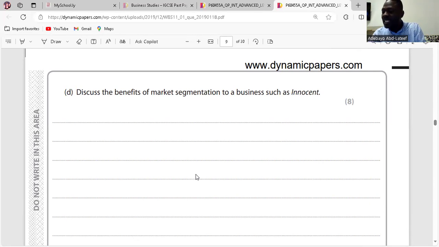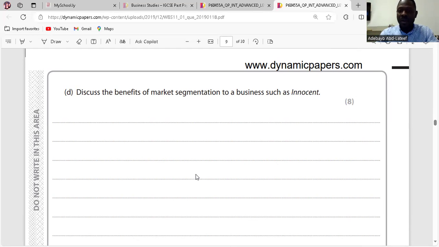Number two, market segmentation makes advertising and promotion effective as it will be directed to those who need that advertisement. So the message is passed across to those who need the information. That is effectiveness.